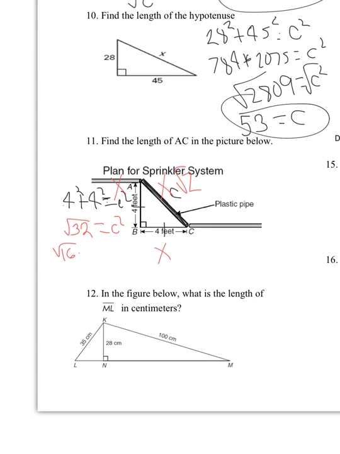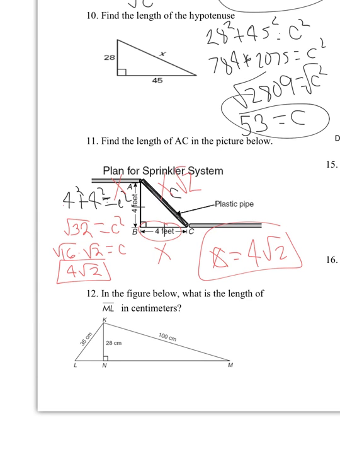It breaks up into 16 times 2, and that's 4 square root of 2, which is the answer for the plastic pipe. However, if you know the formula, since x is 4, because that's 4 feet, it would also literally just tell you to do 4 times the square root of 2, right? Because x is 4, you put it in there. So either one works, just depends on what you know and what you're comfortable with.